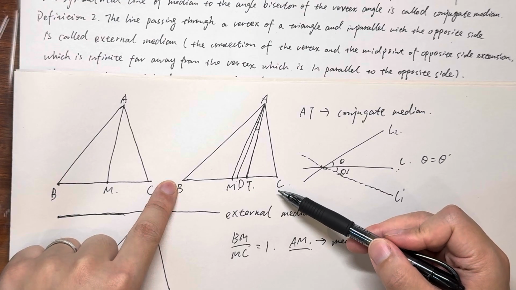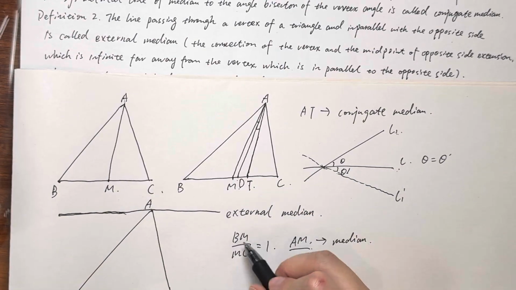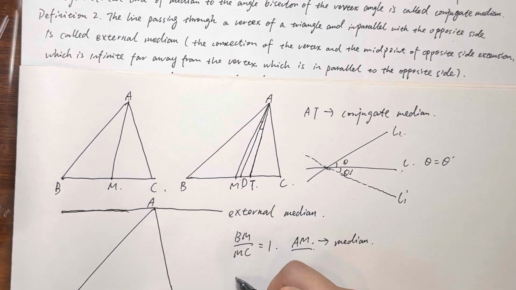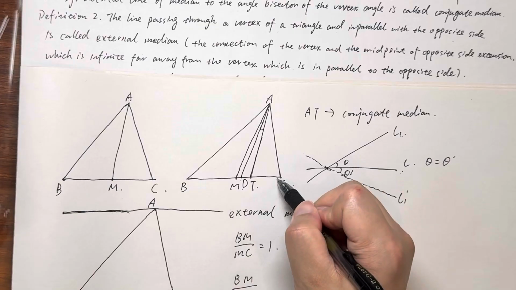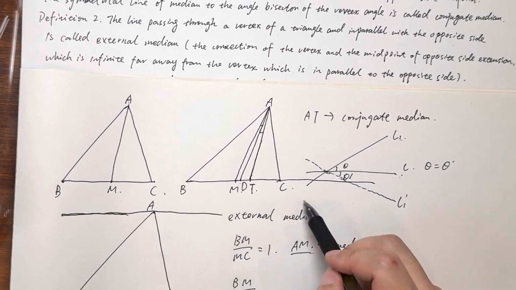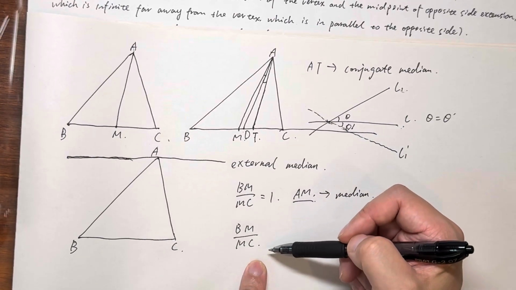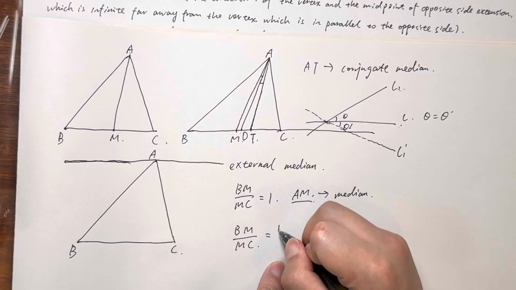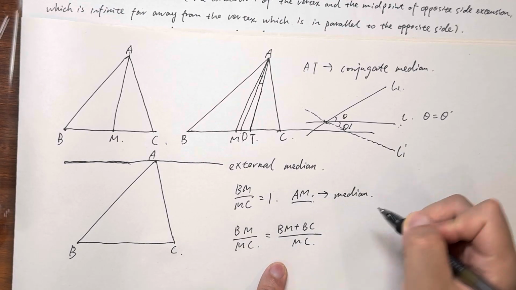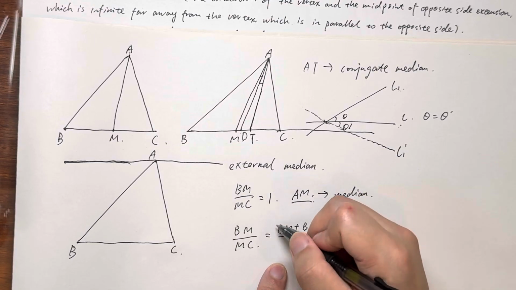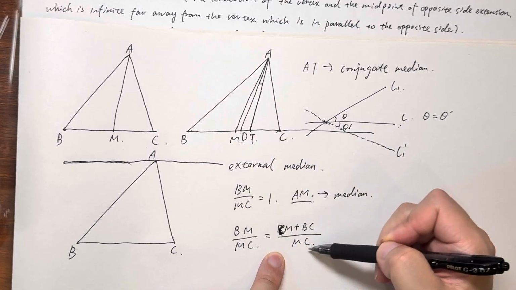Let's consider another case where M is outside the segment BC. Suppose M is on the right side of BC. So M is here. Then BM to MC is always equal to (CM plus BC) divided by CM.